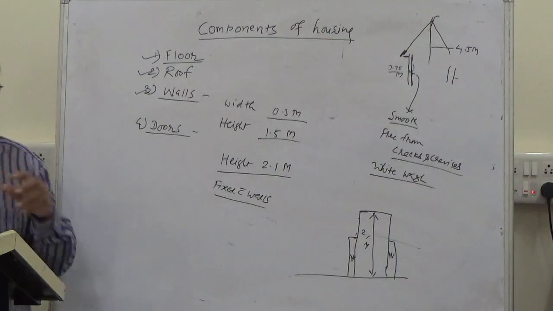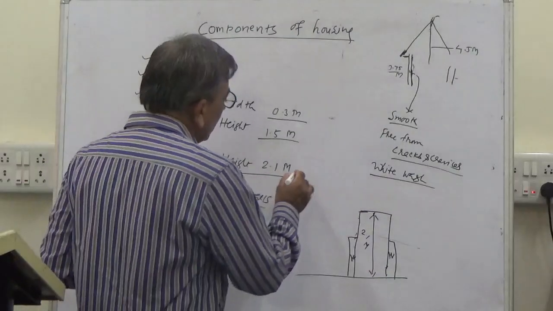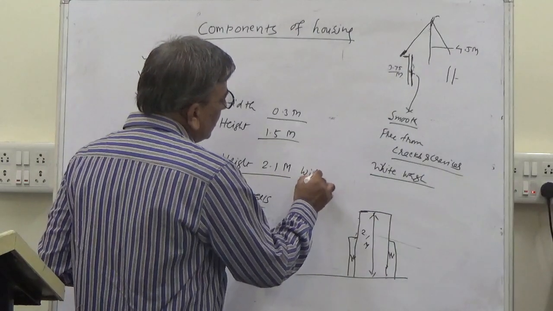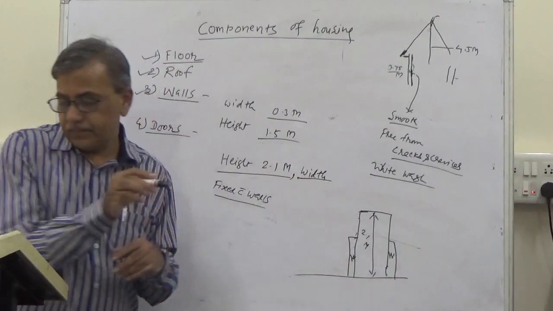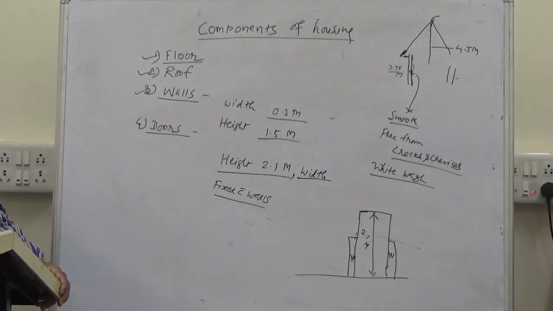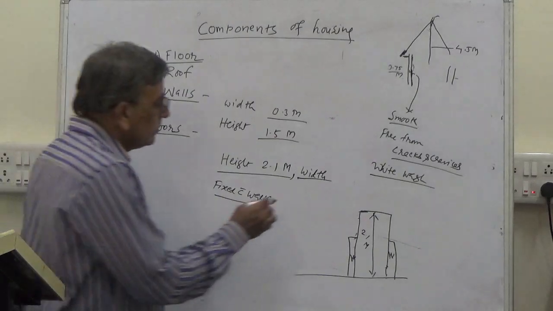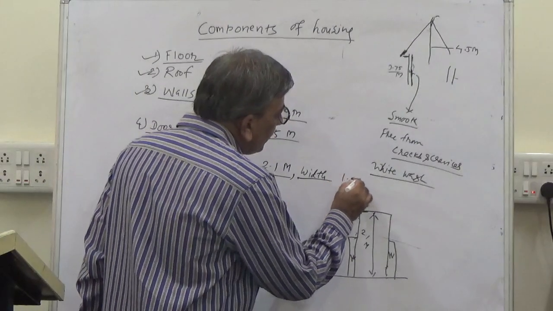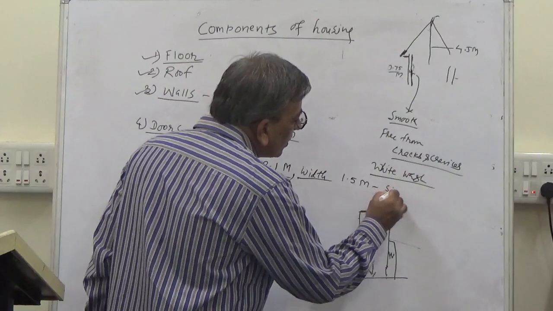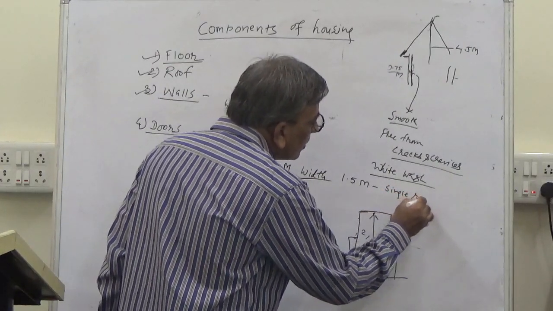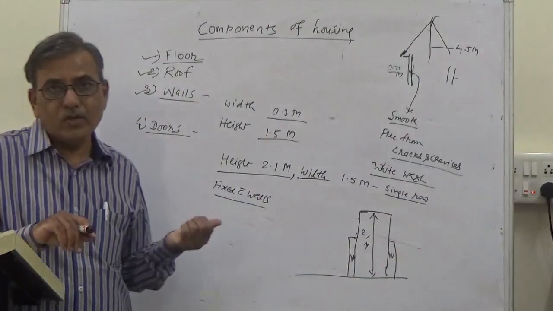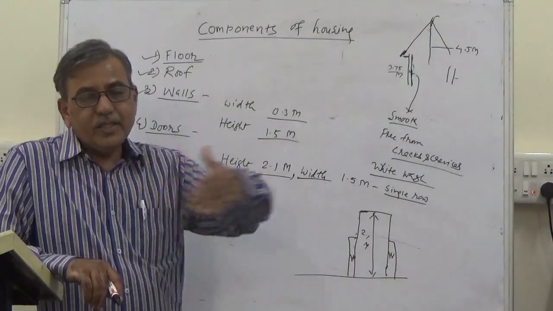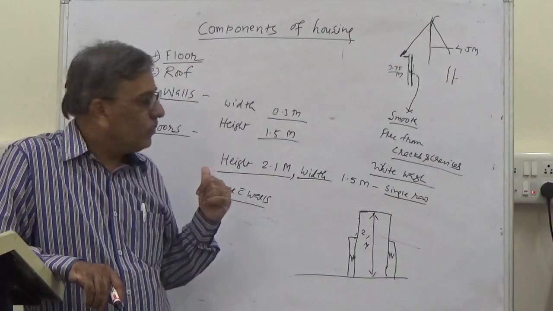Then the width of the door should be 1.5 meters for the house which is constructed for accommodation of animals to be tied in a single row.